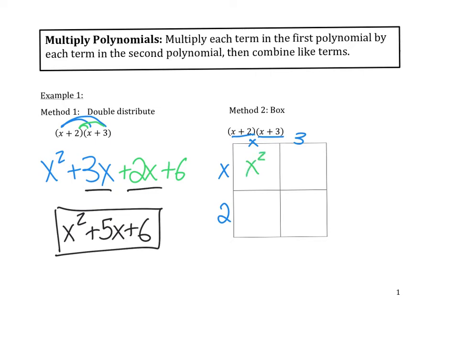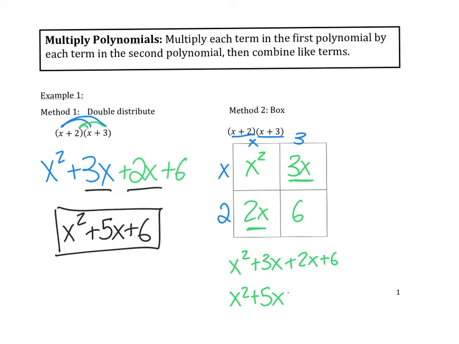We have x times x is x squared. We get our product of 3x, of 2x, and of 6. Then we can copy down all of these terms and we can combine our like terms. You may even have noticed that these were like terms, and you may have even combined them as you wrote your answer at the bottom. We get the same answer. You choose the method.